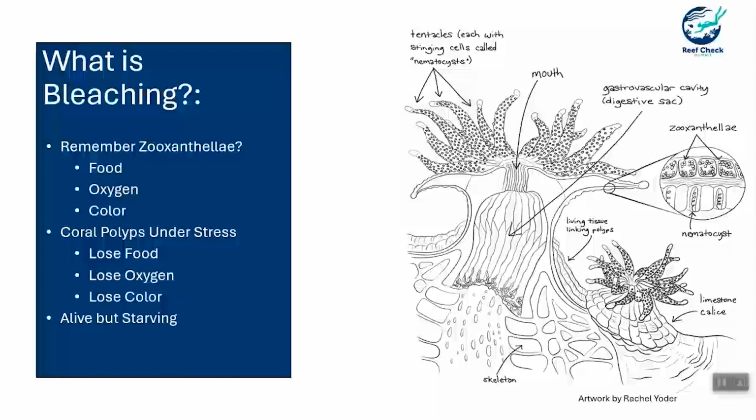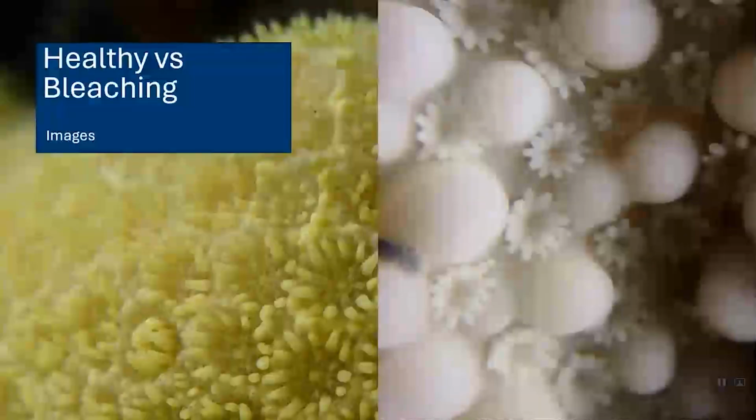It's going to look almost translucent or white, because instead of this colorful, vibrant coral colony, what we're seeing is one that is under stress. It's completely white because there's none of that symbiotic algae in there anymore. And again, it's starving away.